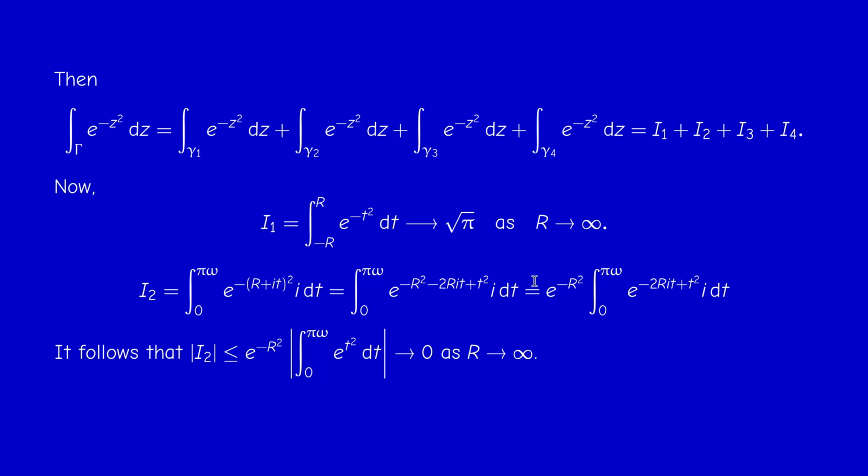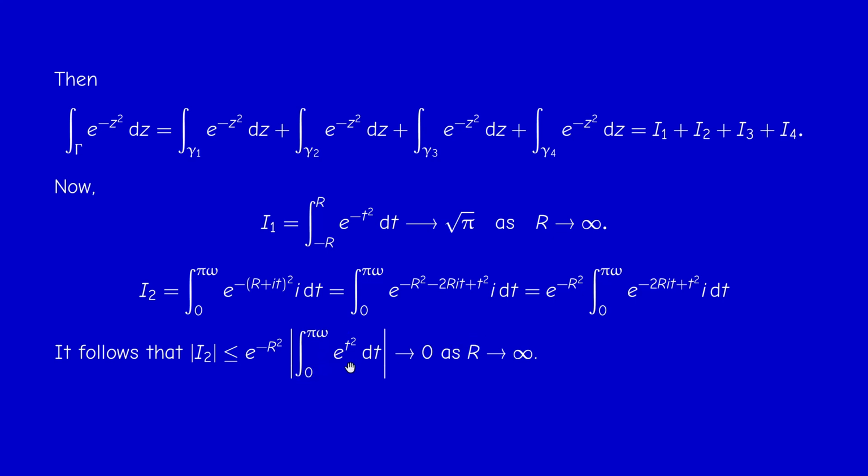Now this is all we need, because when we take the modulus, this constant is itself because it's positive, and the modulus of the integral is less than the integral of the modulus, which is once again e^(t squared), because the modulus of this part is 1, as you should know.